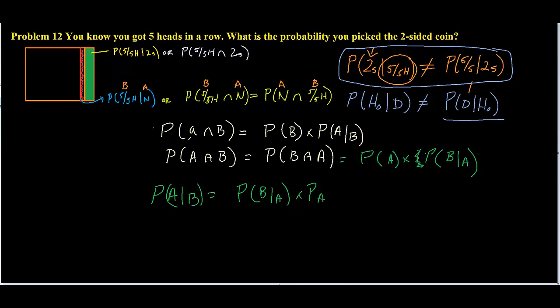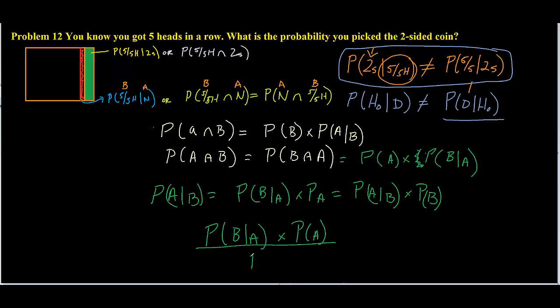And since these two things are equivalent, we can make this equivalent to the probability of A given B times the probability of B. And all you have to do is, let's say we divide by the probability of B. Then you get the probability of B given A times the probability of A divided by the probability of B. That will equal the probability of A given B. And this is what we call Bayes' theorem.